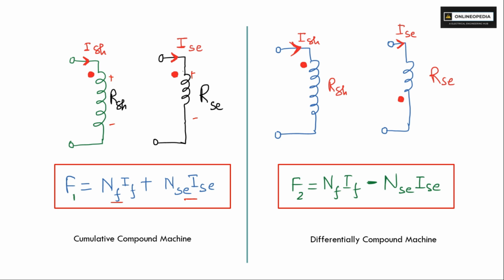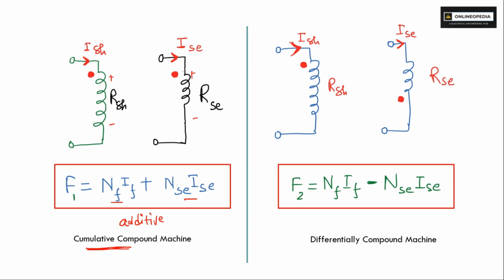As both currents enter the polarity, the total MMF produced by them will be additive in nature. So this type of machine is known as cumulative compound. In a cumulative compound machine, the MMF or flux produced by the shunt field and the series field are additive in nature. That is why it is called cumulative compound.